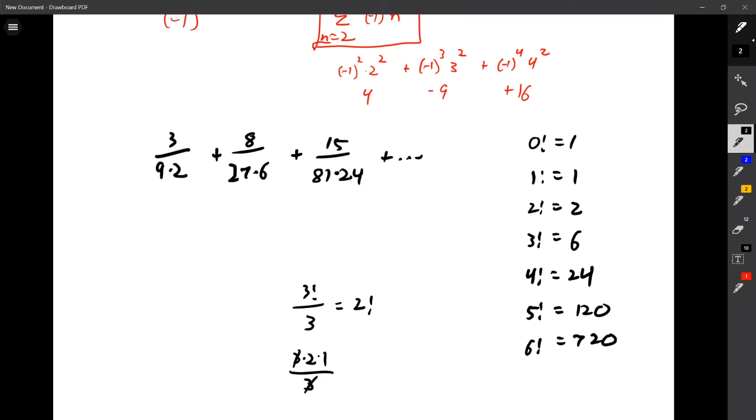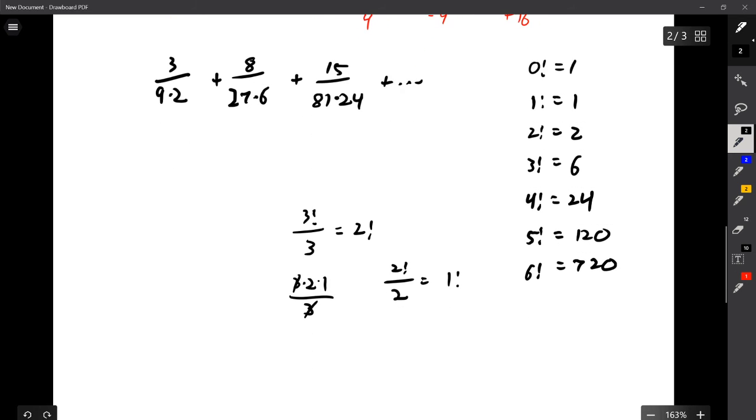Which is 2 factorial. Okay, 2 factorial over 2 would give us 1 factorial. What's 2 factorial over 2 but 2 over 2, which is 1, okay? Which is what 1 factorial is. Well, 1 factorial over 1 would give us 0 factorial. 1 factorial is 1, 1 over 1 is 1, and that's why 0 factorial is 1.